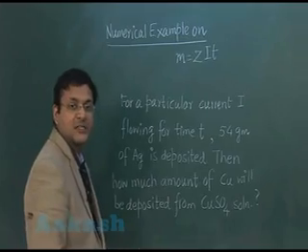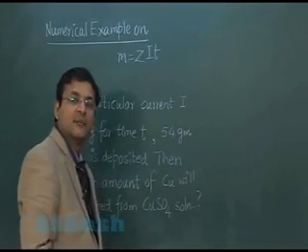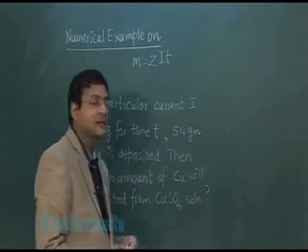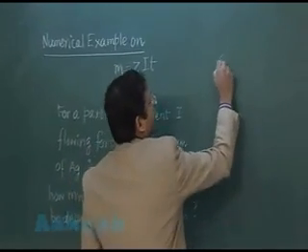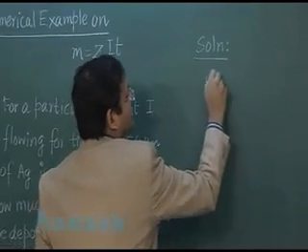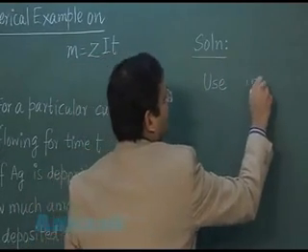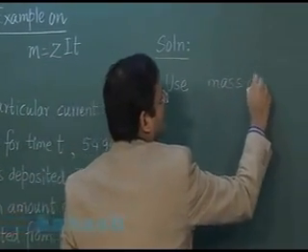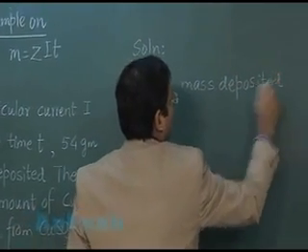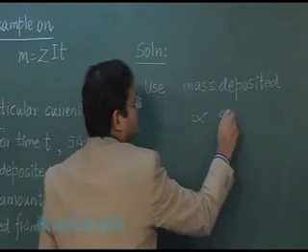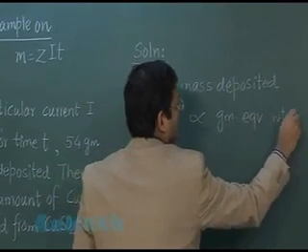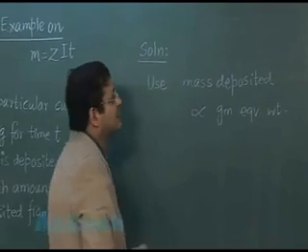Here the basic concept which is involved is that mass deposited is directly proportional to the gram equivalent. So you are using the concept that mass deposited is directly proportional to gram equivalent.